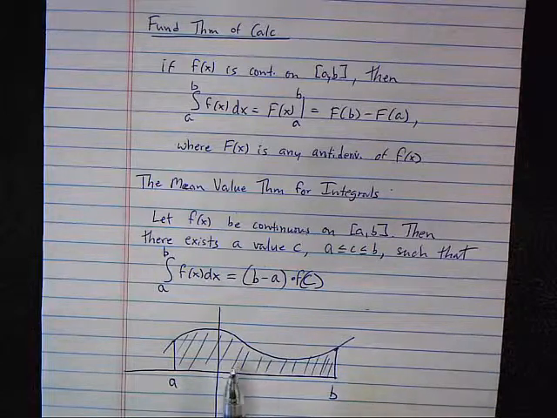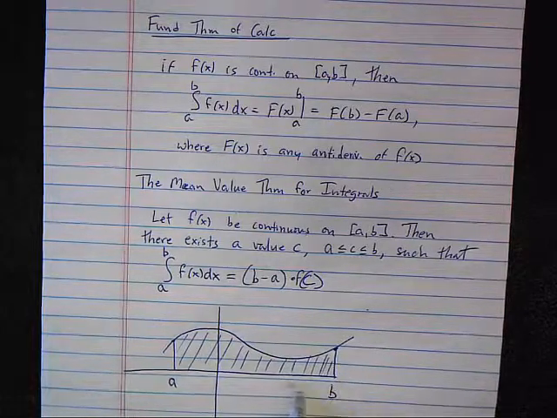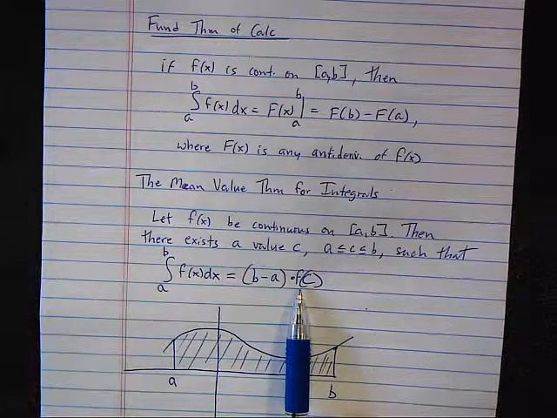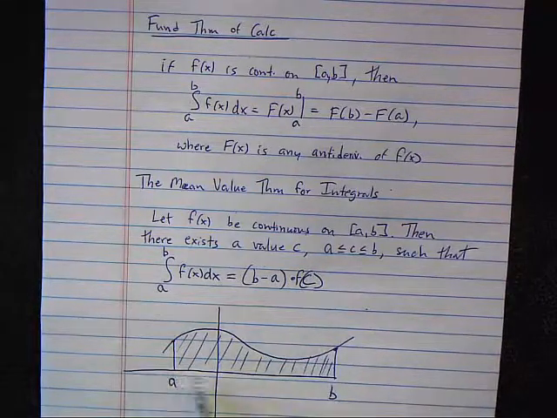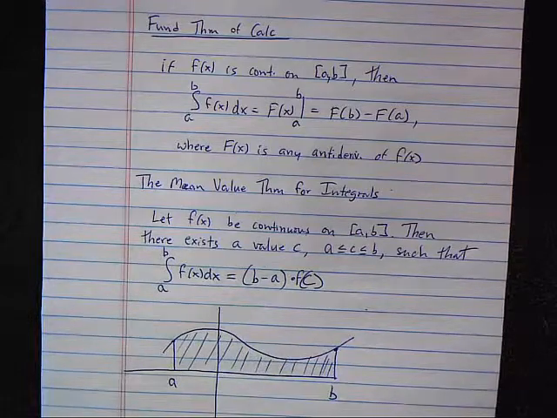Well, it's not delta x. Well, it's delta x if you're only building how many rectangles? One. It's delta x if you're only building one rectangle. And what's f at c? So c is some number in between a and b. So c, f of c would be some point. And for this problem, it looks like maybe it's right around here.